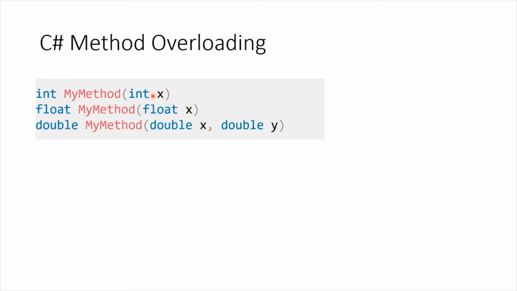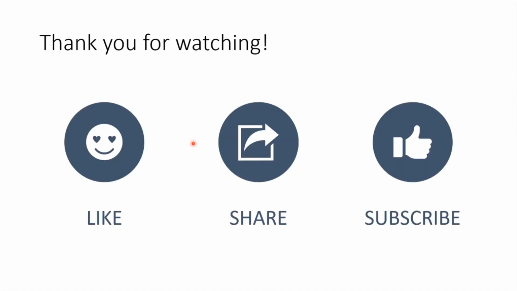So you are overloading the parameters, right? And of course you can change the return type, float, double. But if you keep the same parameter type and change the return type, that doesn't matter, because the signature of the method is the same. So return type does not matter, but by changing the parameter types, you can overload a method. Simple. So this was it about methods.